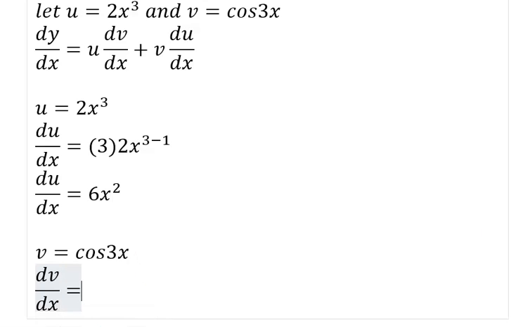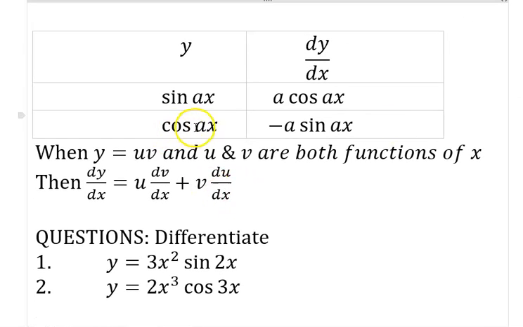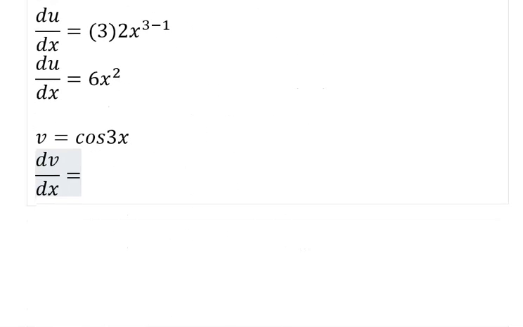Don't forget, if you are differentiating cos ax, it will give you minus a sine ax. In the same vein, if you are differentiating cos 3x, it will give you minus 3 sine 3x. That's one of the reasons I've taken my time to put that one down there. So differentiating cos 3x gives you minus 3 sine 3x.